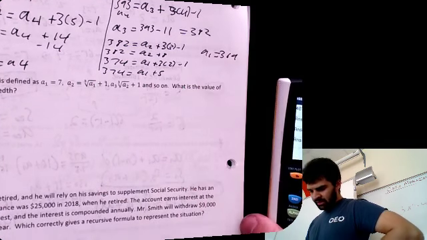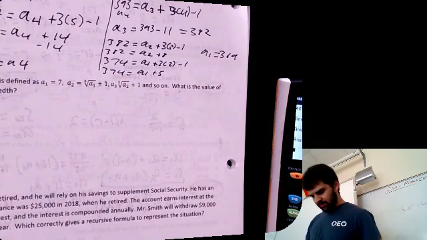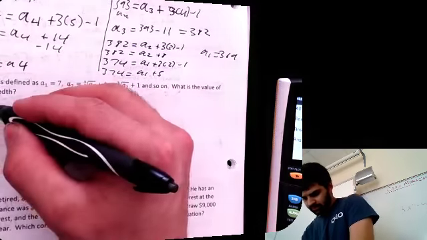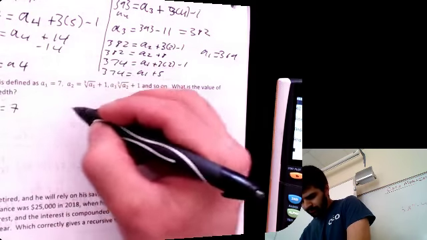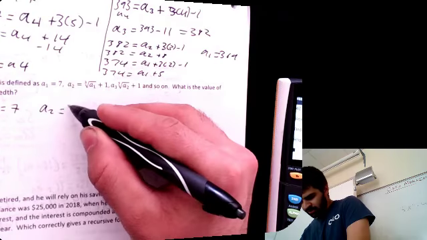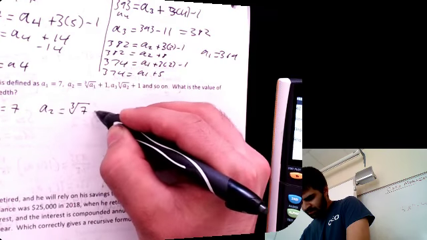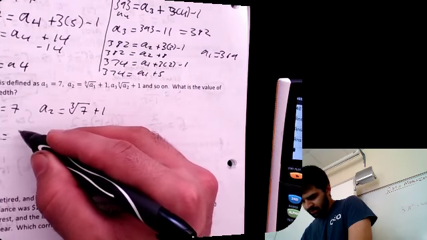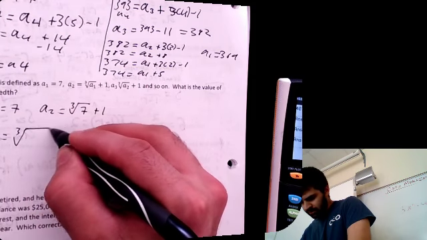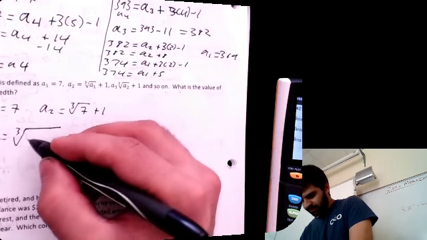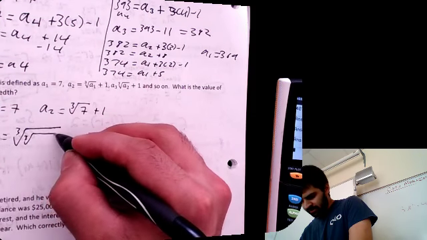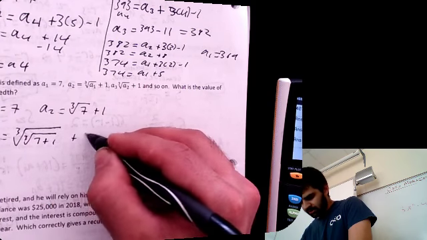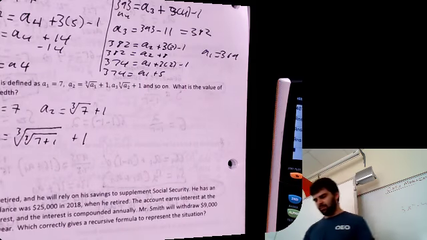So what we can do is, A1 is equal to 7. A2 is equal to the cube root of 7 plus 1. A3 is equal to the cube root of the cube root of 7 plus 1, plus 1, and this just becomes more and more embedded.